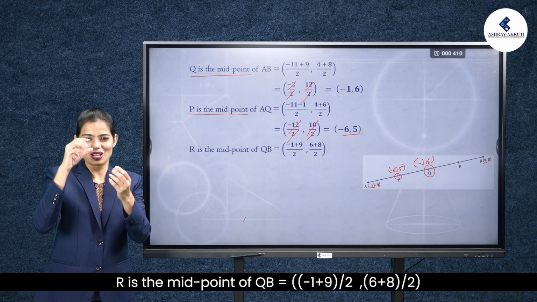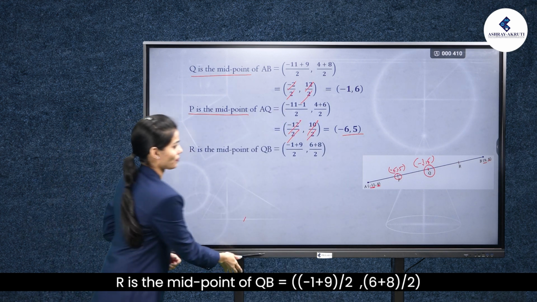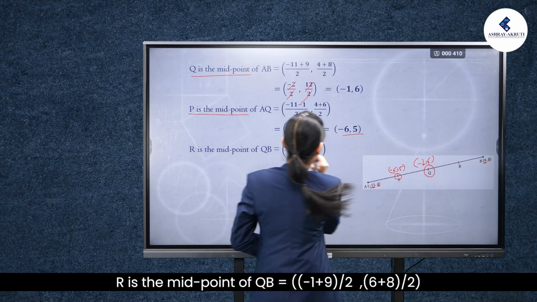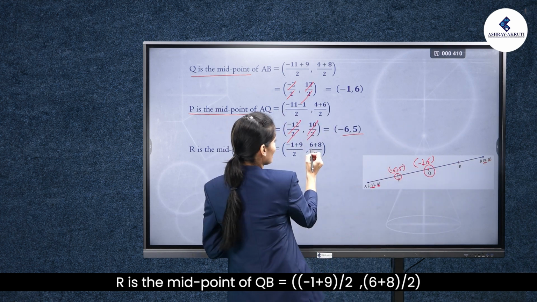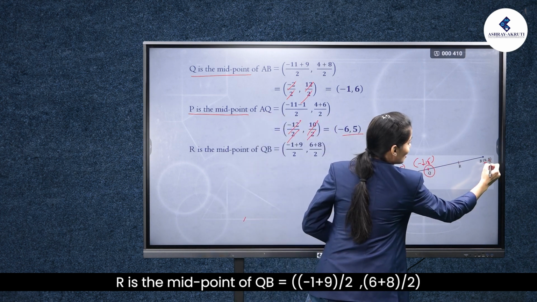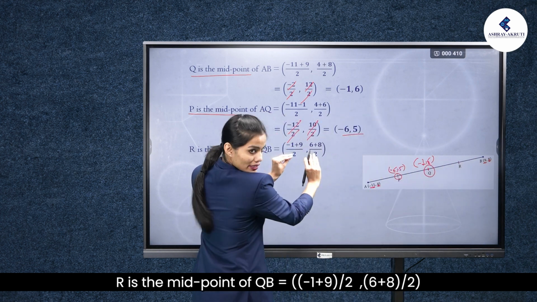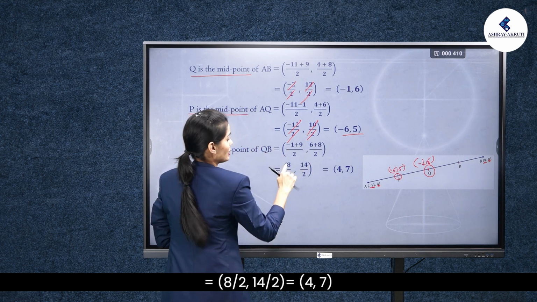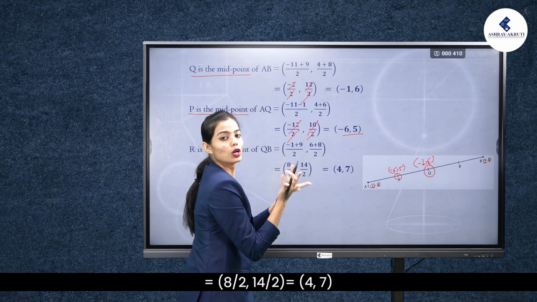R, the midpoint of QB, is equal to ((minus 1 plus 9) by 2, (6 plus 8) by 2), which is equal to (8 by 2, 14 by 2), which is equal to (4, 7).